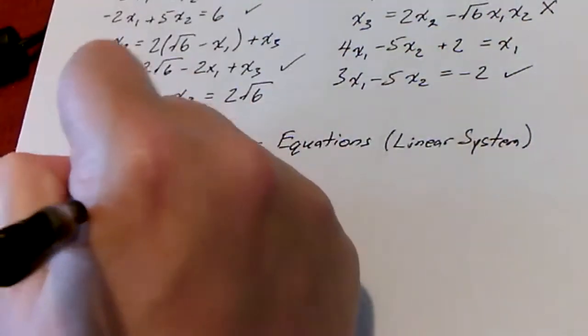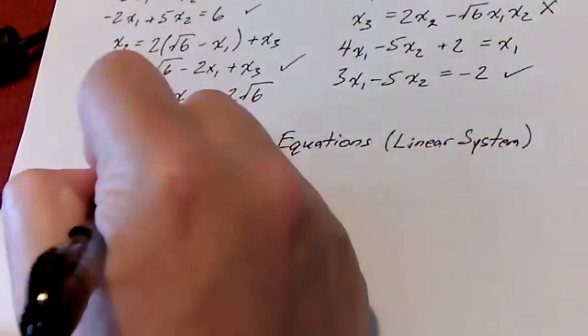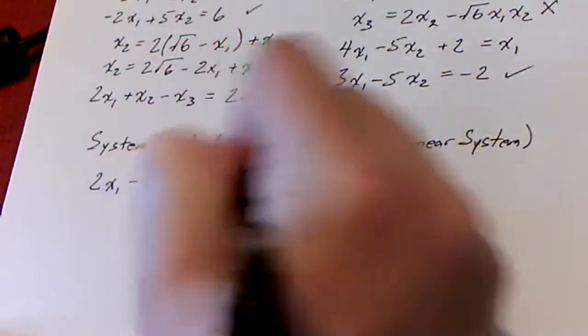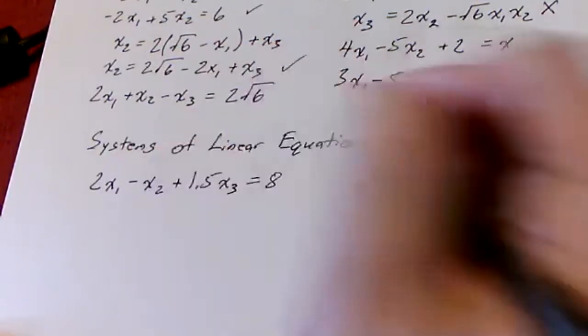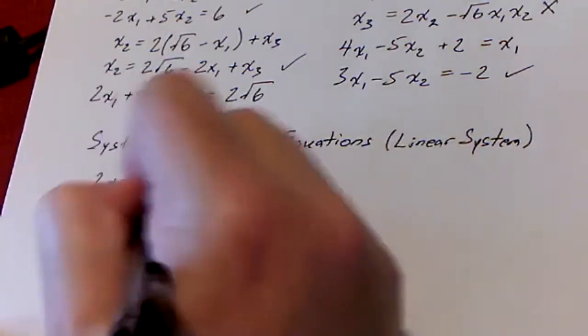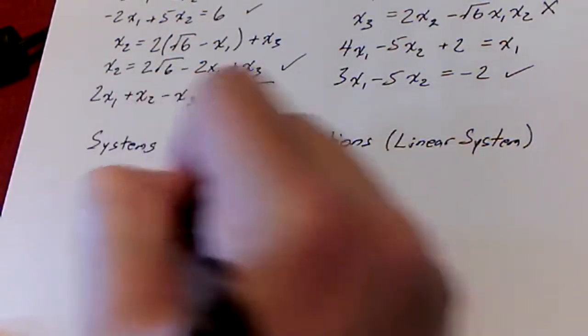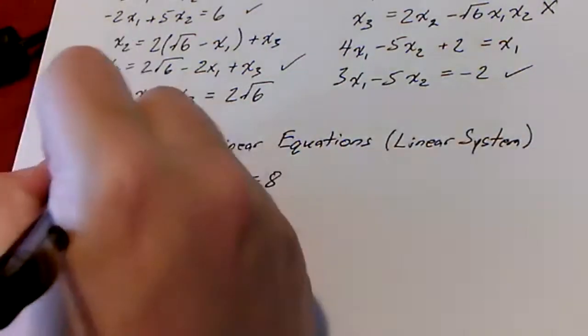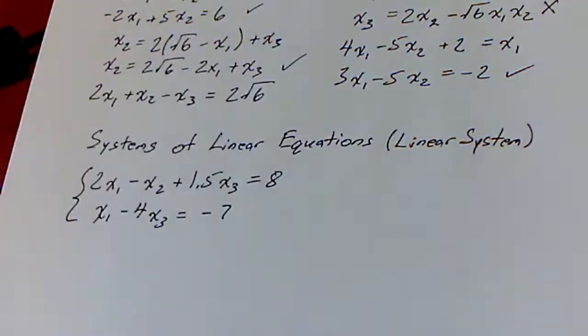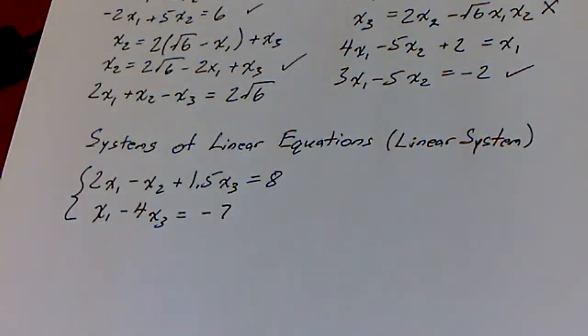So write a couple linear equations here. 2x1 minus x2 plus 1.5x3 is equal to 8. And then x1 minus 4x3 is equal to negative 7. And we're going to join those with a brace to indicate that those are a set, a system of linear equations. Okay, I have two linear equations, and I want to work them together. We sometimes call them simultaneous linear equations.